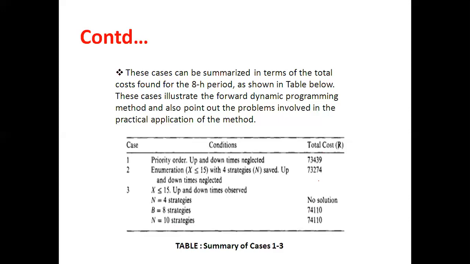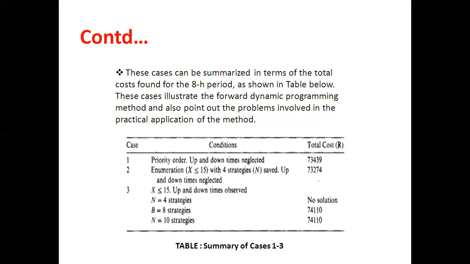For case 1 it is 73,439. For case 2 it is 73,274. For case 3, where n equal to 4, there is no solution. Where n equal to 8, it is 74,110.